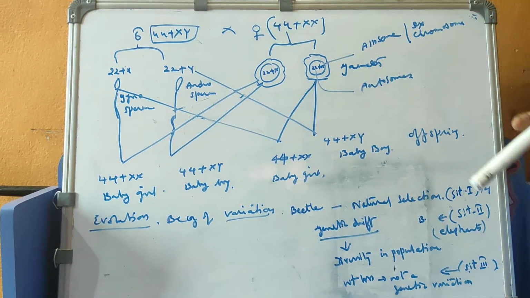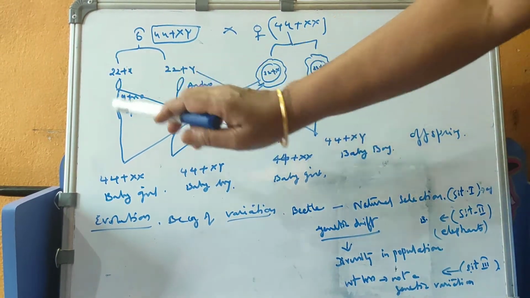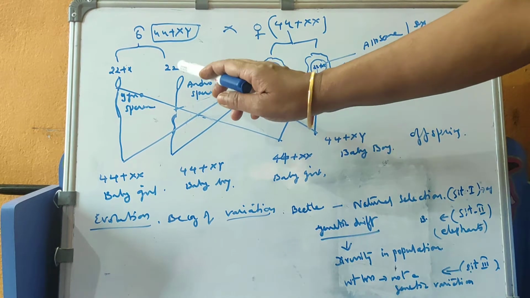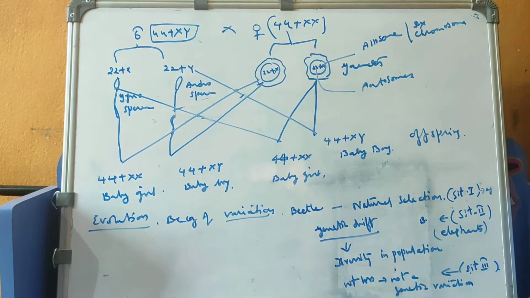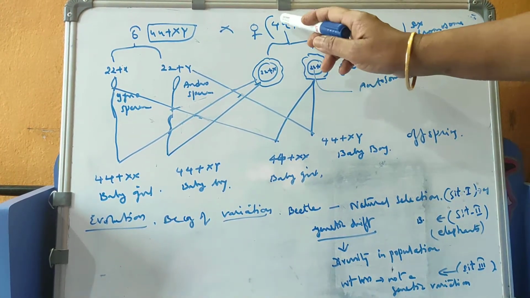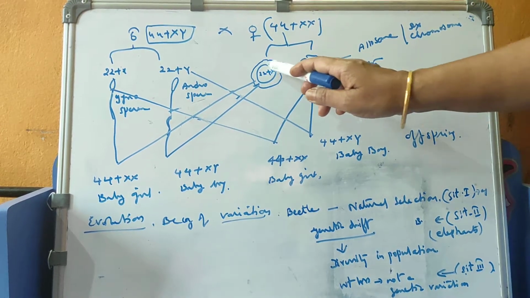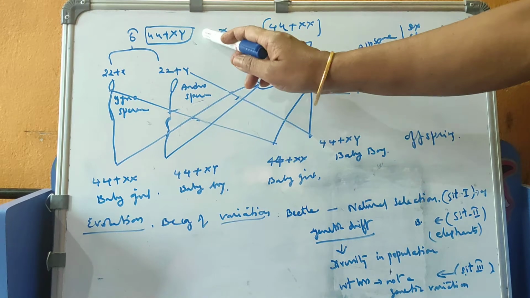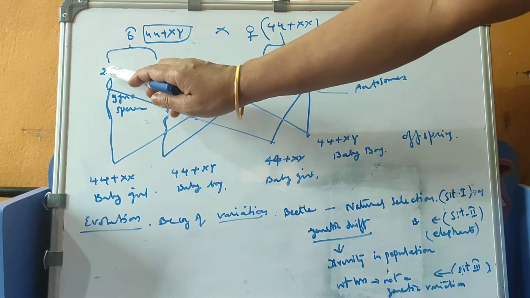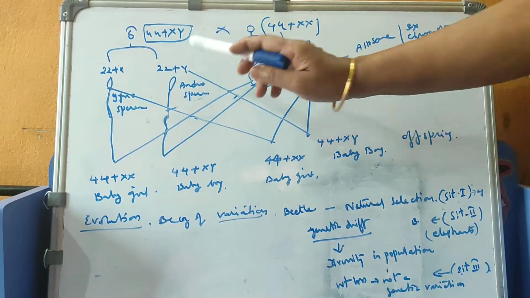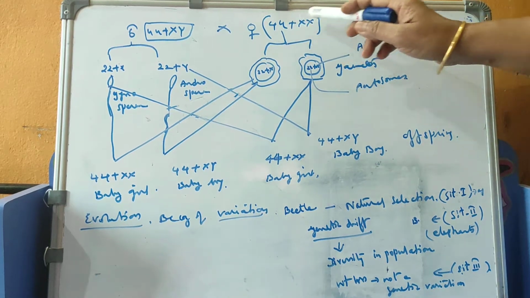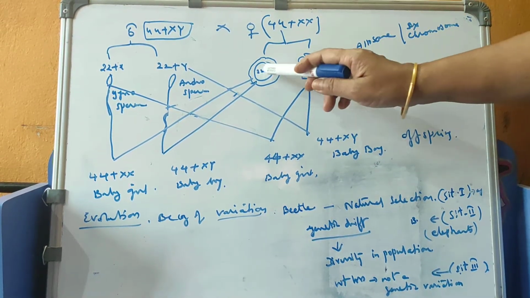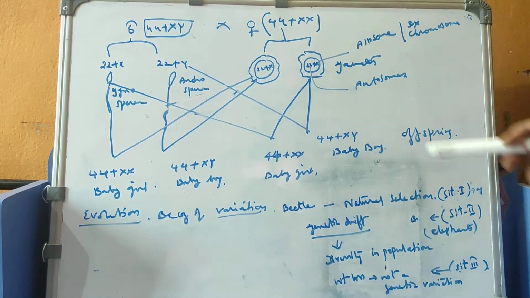Gynosperm means female, because X is there, and here androsperm, that is male, indicated by the Y chromosome. Because this is the mother, both the chromosomes are X only. Here this is the male, father, XY are there, that's why one X is distributed and here one Y is distributed, whereas here both are XX, so both will have only X chromosomes.